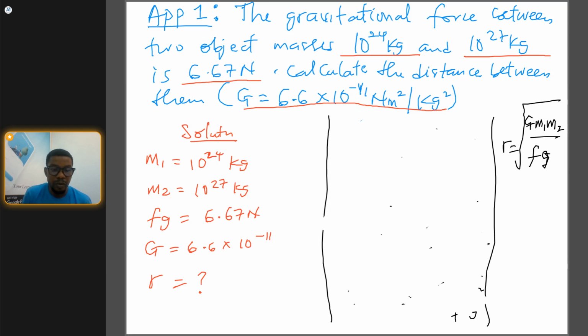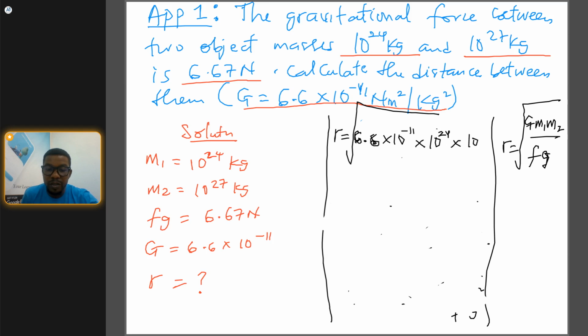All right, we are looking for R. R equals the square root of G. What is the value of G in the question? The value of G is 6.6 times 10 raised to power minus 11, times M1. M1 is 10 raised to power 24, times M2.